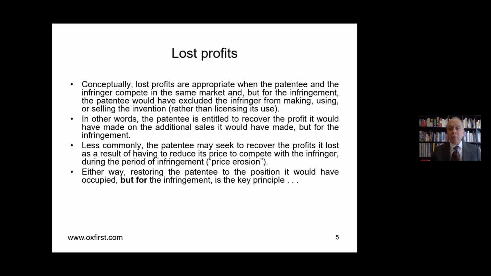But either way, the principle at issue is to restore the patentee to the position that the patentee would have occupied but for the infringement. And all of that seems pretty straightforward, but it can result in sometimes counterintuitive applications.